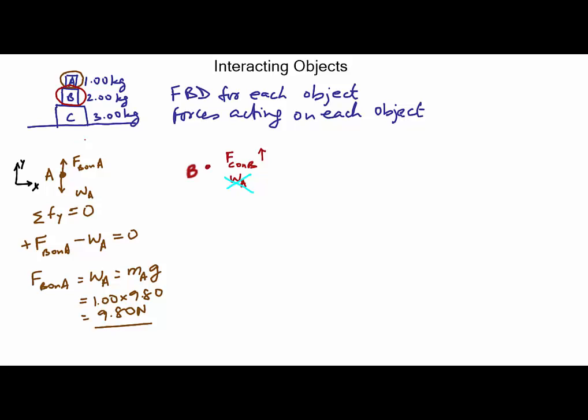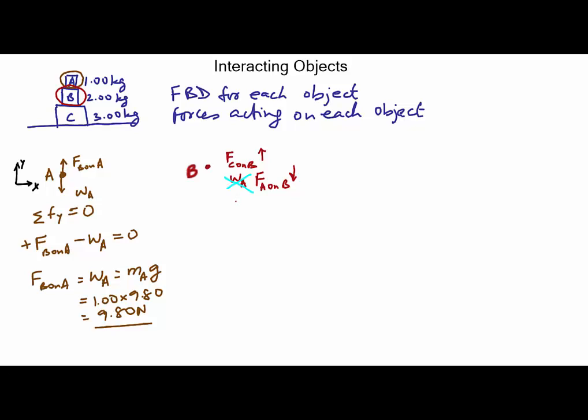A would be the object, earth would be the agent, and that weight of A will only show up on A's free body diagram, because remember, free body diagrams only capture forces that are acting on an object, and since the weight of A is acting on A from the earth, that belongs in A's free body diagram. So in this case, we would simply call this force the force of A on B, and that would act in the downward direction, perpendicular to the surface again. And those are the only two contact forces.